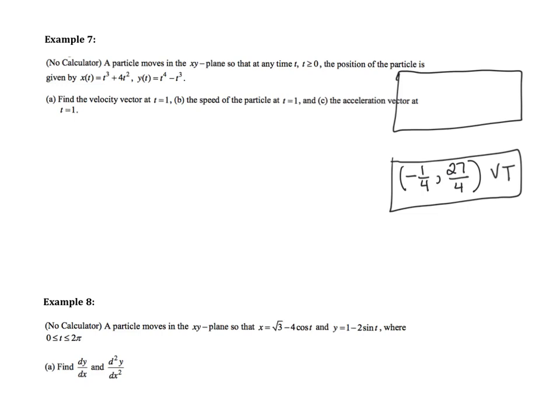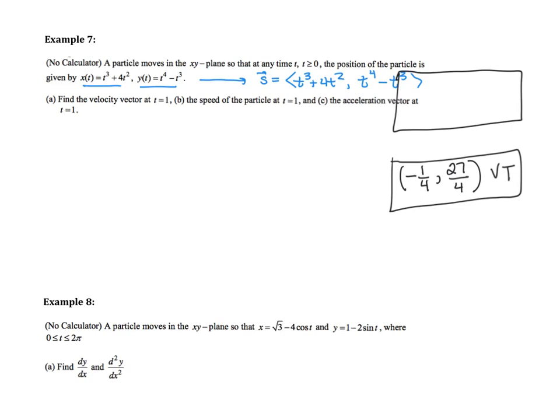What I'd like to do now is just note that these are parametric equations, and their corresponding vector equation, the position vector, is equal to the vector t cubed plus 4t squared, comma, t to the 4th minus t cubed. So that is its corresponding position vector.